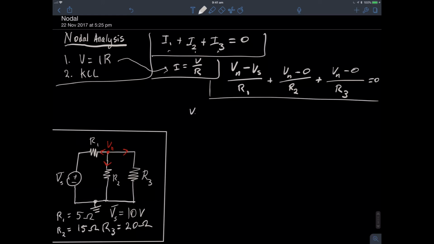So first thing I'm going to do is split up that first fraction, so it's Vn on R1 minus Vs on R1. And then I won't write in the zeros this time.